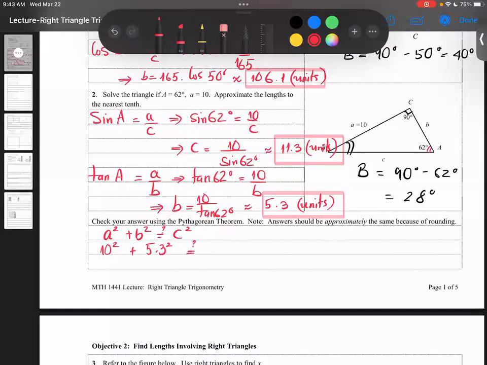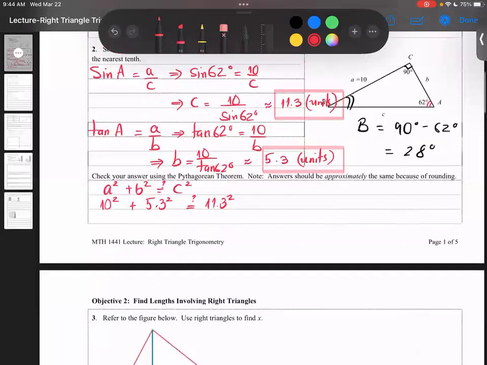Equal C squared, which will be 11.3 squared. Ten squared plus 5.3 squared is 128.09. That's the left-hand side. And the right-hand side is 127.69.